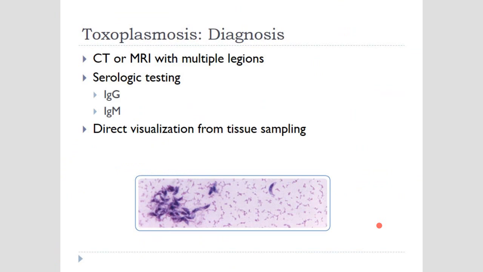We do an MRI and CAT scan and find multiple lesions. Yeah, there should be a typo there. And then again, we can do serological tests for IgM and IgG, and we take a tissue out and look for these particular parasites, Toxoplasma gondii.